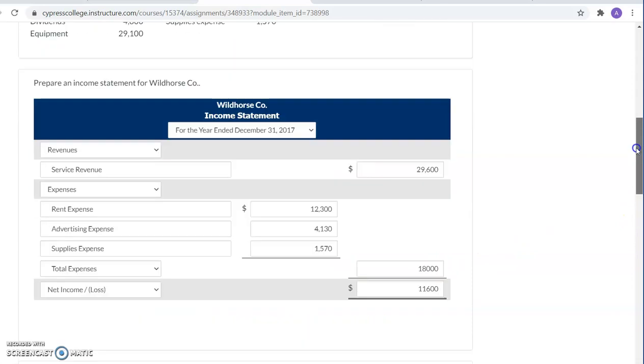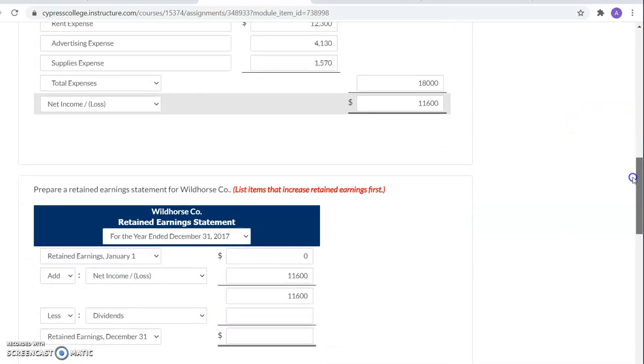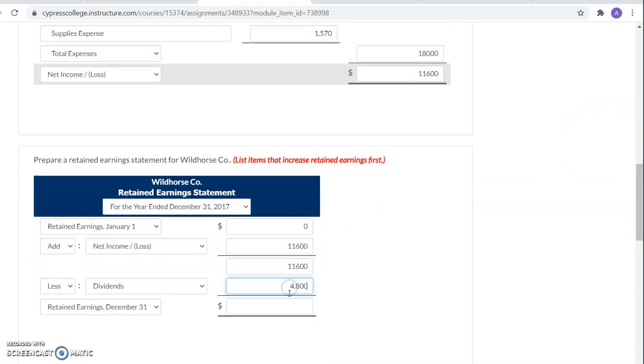And the number for the dividends is given in this problem. So you will go up to your data and include that number for the dividends. And then your last part is just to do the math. So I have $6,800 for my ending retained earnings.